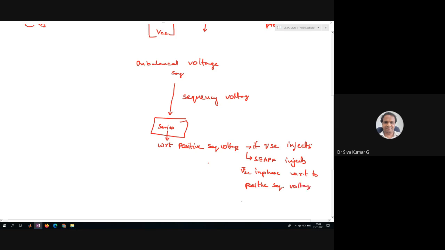Then what about the negative sequence? Negative sequence will be there in the voltage, and what about zero sequence? They try to nullify this negative sequence and zero sequence also.